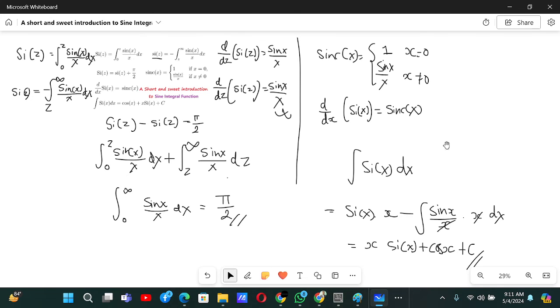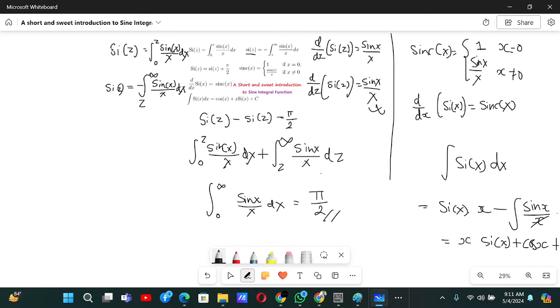While doing the problems, it might also be necessary to change this definition in the following way. Let's say we have capital Si of z as the integral from 0 to z of sine x by x. What you can also do is change the limits into numbers by making a substitution. Let's say t equals x by z. If you make the substitution, this will go from 0 to 1.